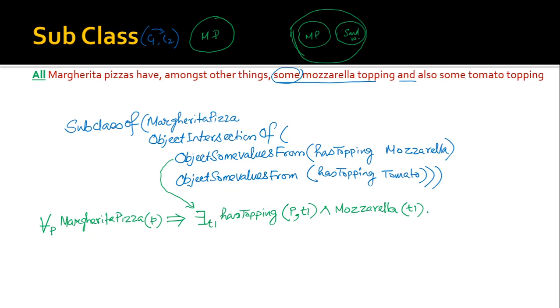So this is the representation of this, and we need to model the intersection. So we take the intersection, and the second part we model as: there exists T2, P has topping T2, and T2 is an instance of tomato, right? So you know that we have the corresponding first order logic representation of this functional style syntax.